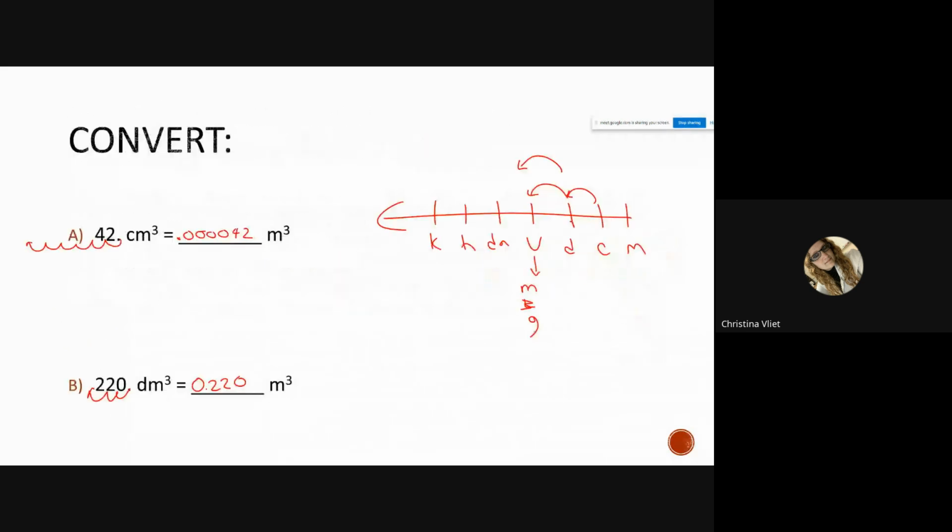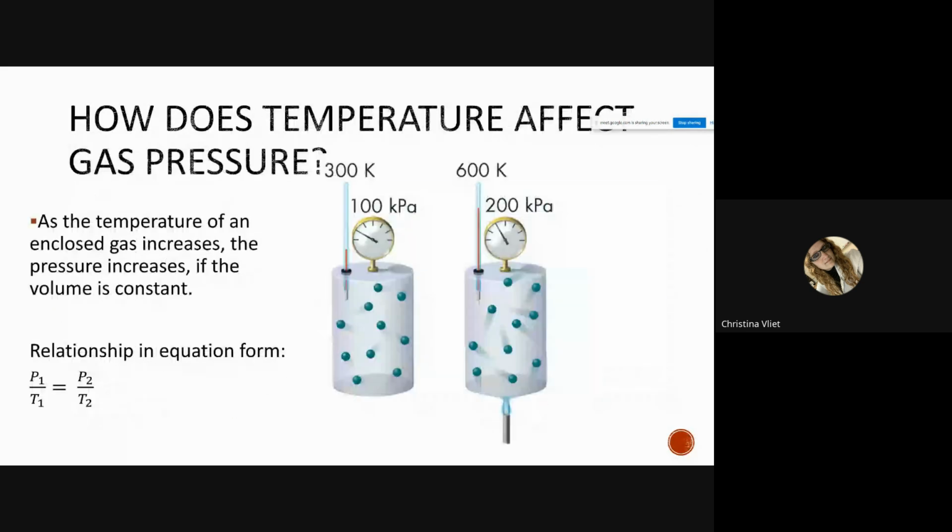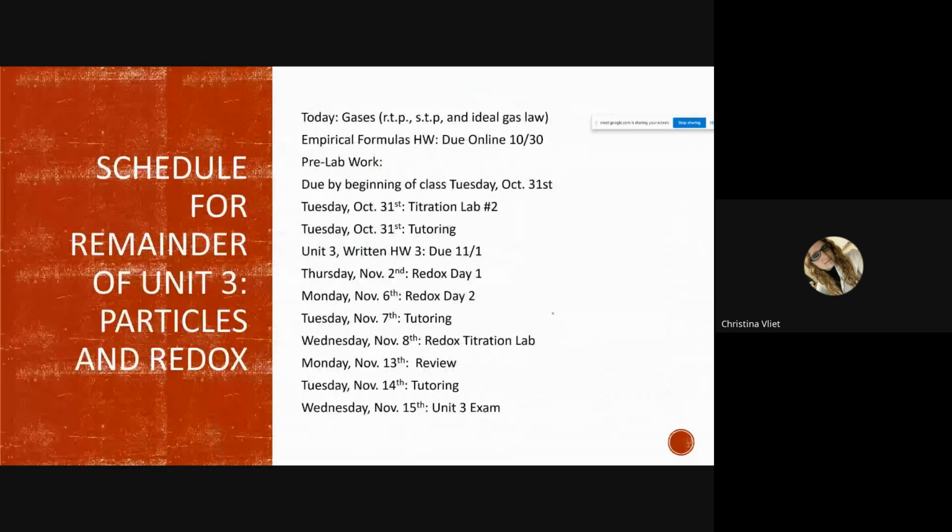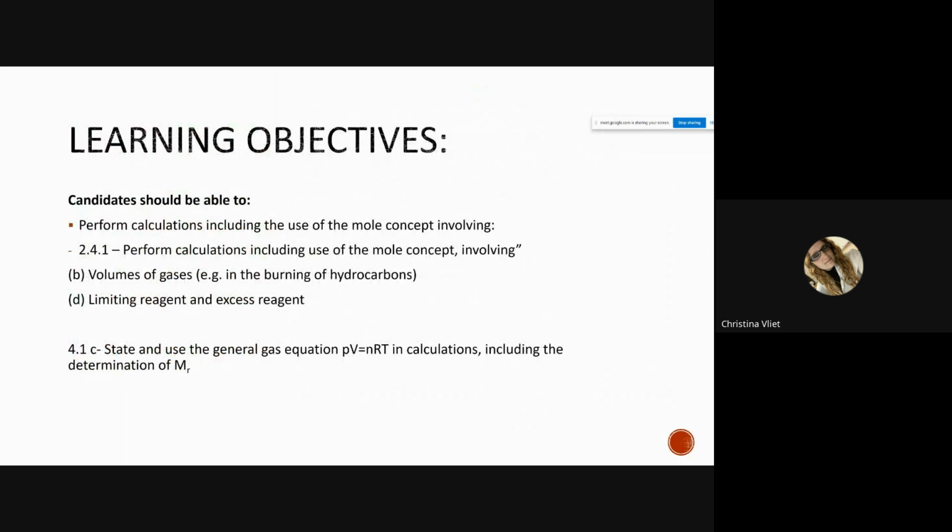So look back at our objectives, way back at the beginning of the lesson. It says state and use. What does state mean? You could literally be asked on a paper, what is the general gas equation? And if you write PV equals nRT, you get a mark. That's what state means.